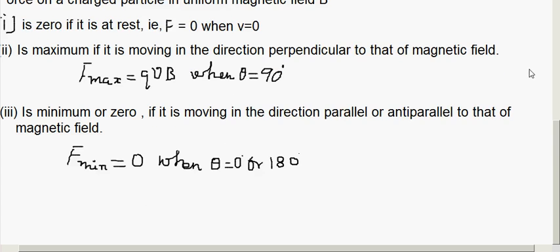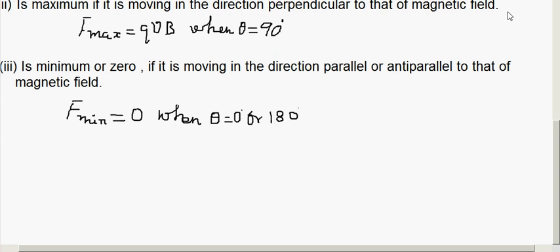Now I will tell you some more properties of these forces. Let us write the fourth one. This force cannot accelerate the charged particle. That means the force will not change the magnitude of V. It can only change the direction of the particle.